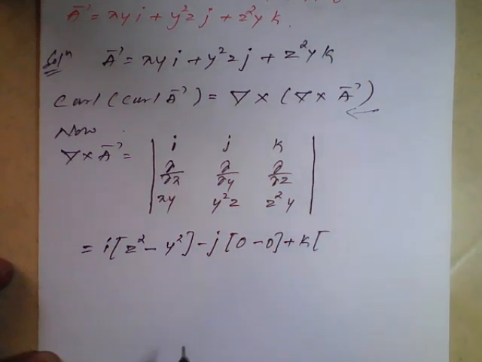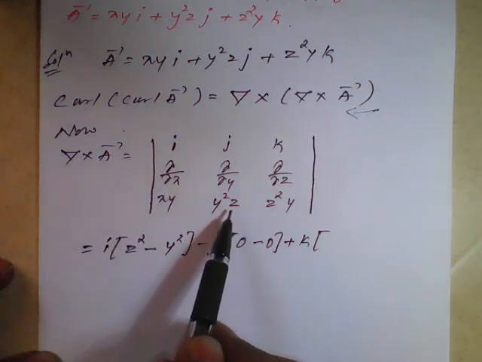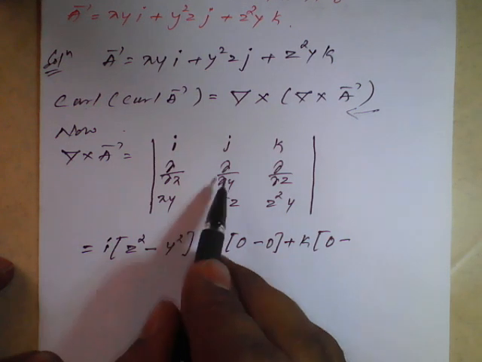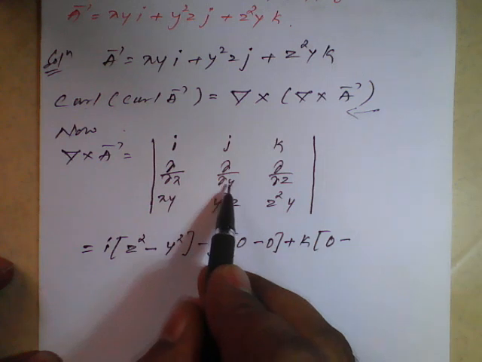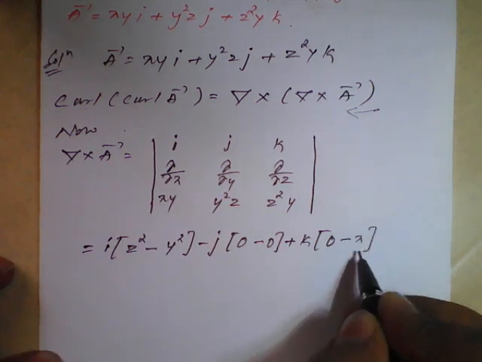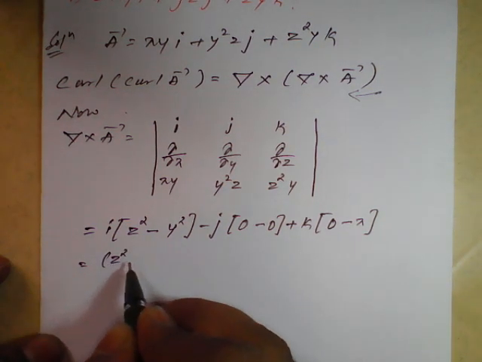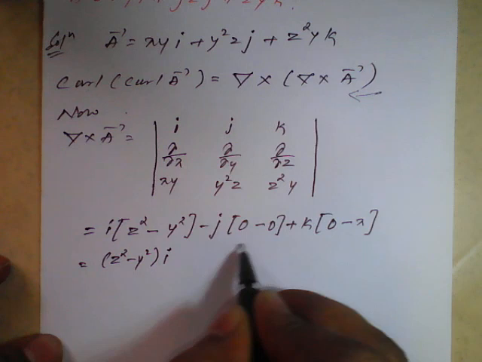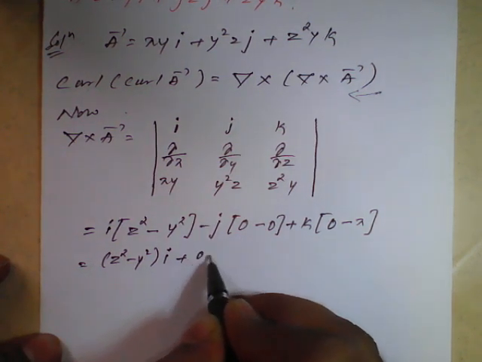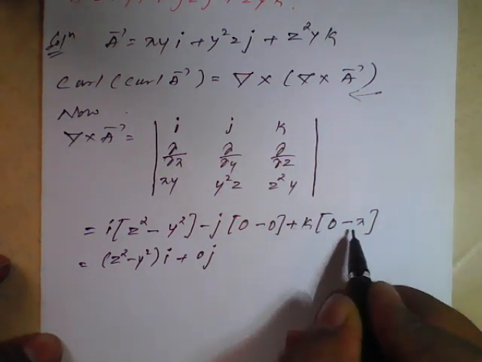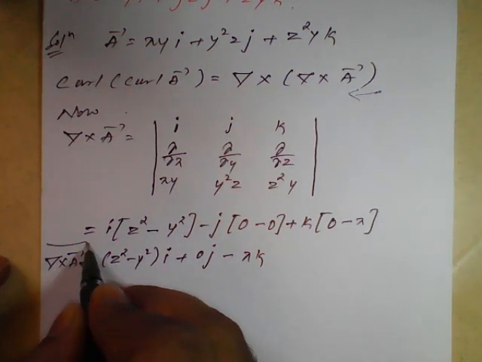Plus k times dou by dou x of y squared z, again a constant, is 0, minus dou by dou y of xy, which is x. So the simplification is z squared minus y squared of i, 0 times j, and plus into minus is minus x of k. So this is the result of del cross vector A.